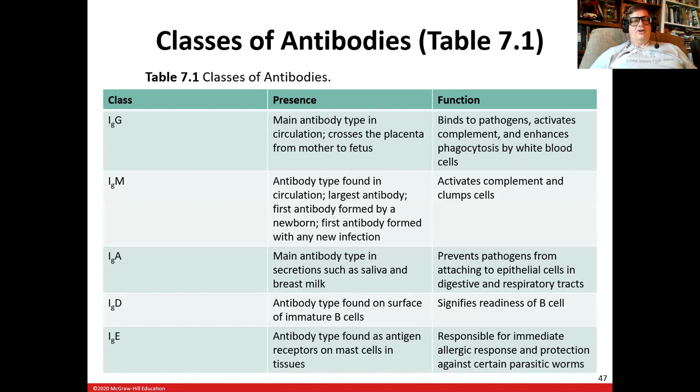So IgGs cross the placenta. IgMs are the biggest and the first one that babies make. You've heard people say, oh, well, breastfeeding is good for babies. It will give them immunity. That is true, and those would probably be IgAs.